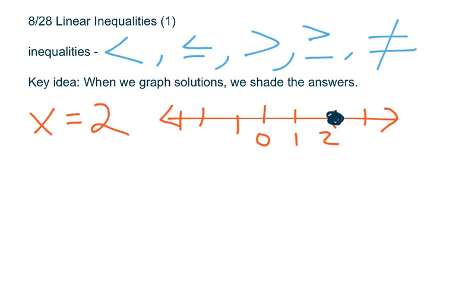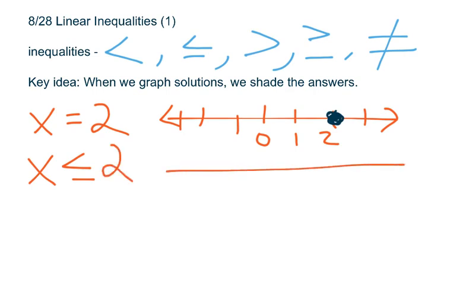Let's look at a related problem that's maybe a little bit more interesting. Let's say it was x is less than or equal to 2. Okay, so now any number that's less than 2 would be a solution.